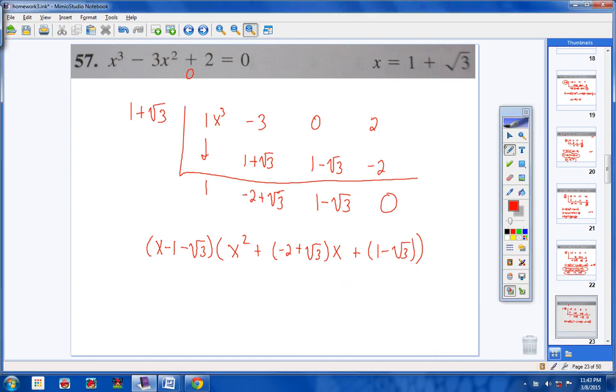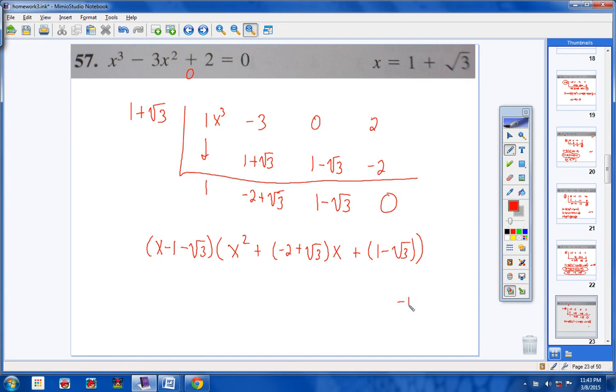Now, students, I'm going to be honest with you. I'm going to teach you a faster way to do these in a very near future lesson. So don't get frustrated if you don't see what I'm about ready to show you. But I'm looking for two numbers that when you multiply them together, you get this, and when you add them together, you get this over here. Okay? So, here's what I'm thinking.